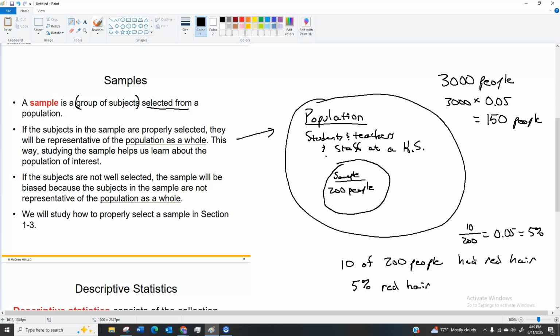And so don't worry too much about the math for right now, but what we're saying is we use the sample to then use that as a prediction for how many people we think the entire population has. So the sample is used to determine information about the entire population, even though you aren't sampling the entire population.